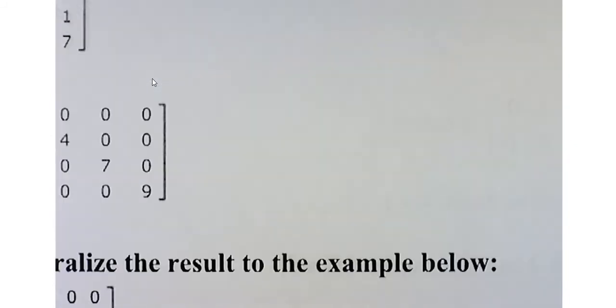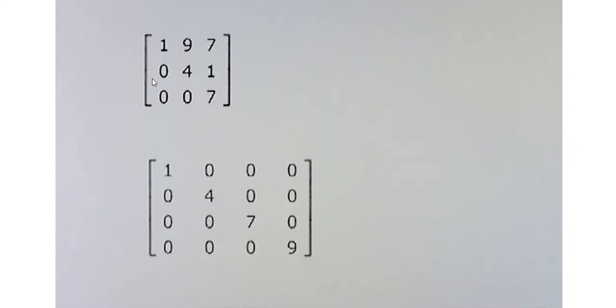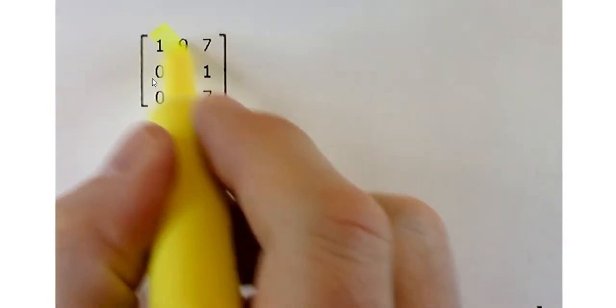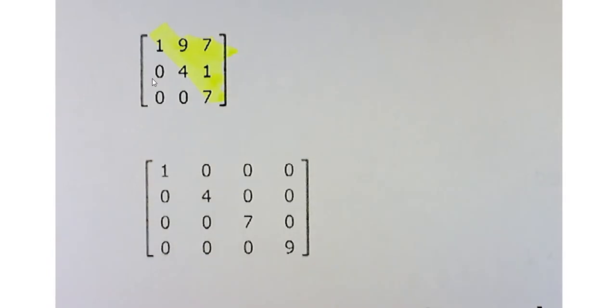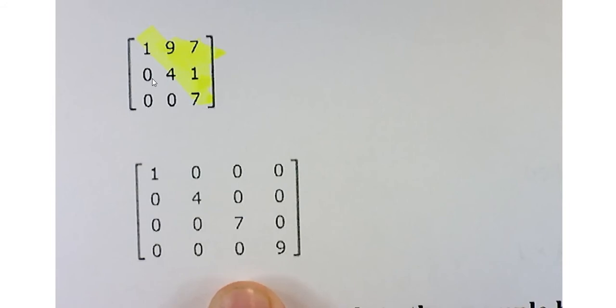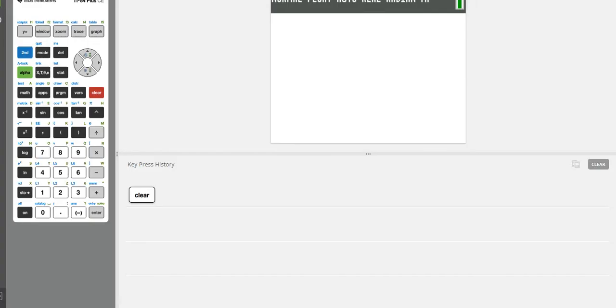It's upper triangular because you've only got things on or above this diagonal. So the upper triangle of this matrix. And the next one, what are the dimensions of the second one here? 4 by 4, thank you. All right, so let's enter both of these matrices.